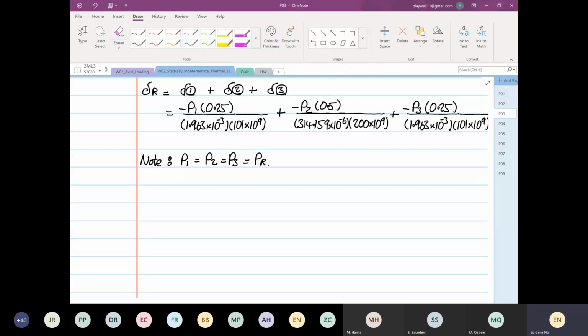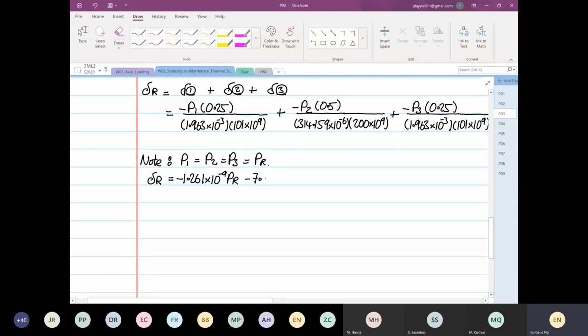Or our only break. So we have deflection due to the redundant load will be equal to minus 1.261 times 10 to the power minus 9 PR, plus, let's forget about plus, everything is minus because everything will go into compression.